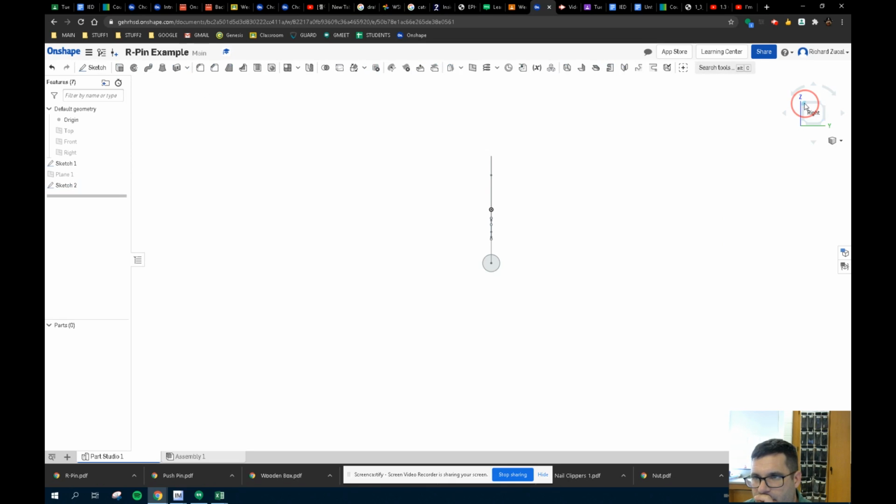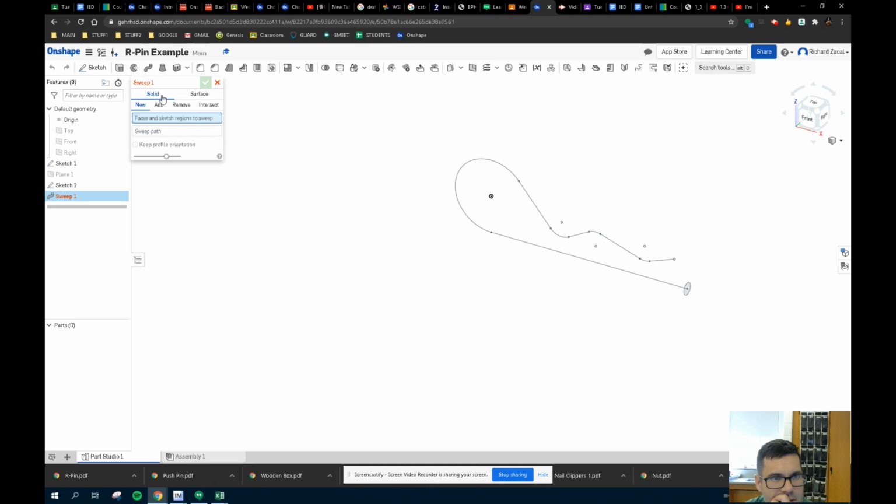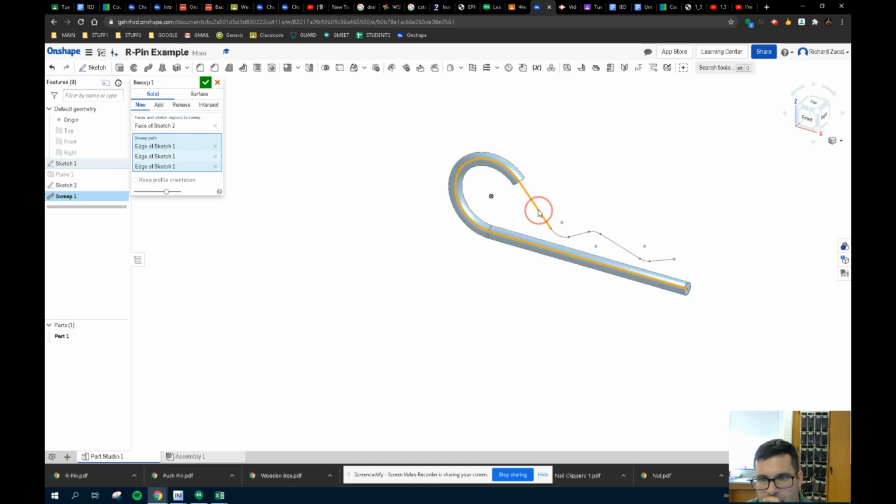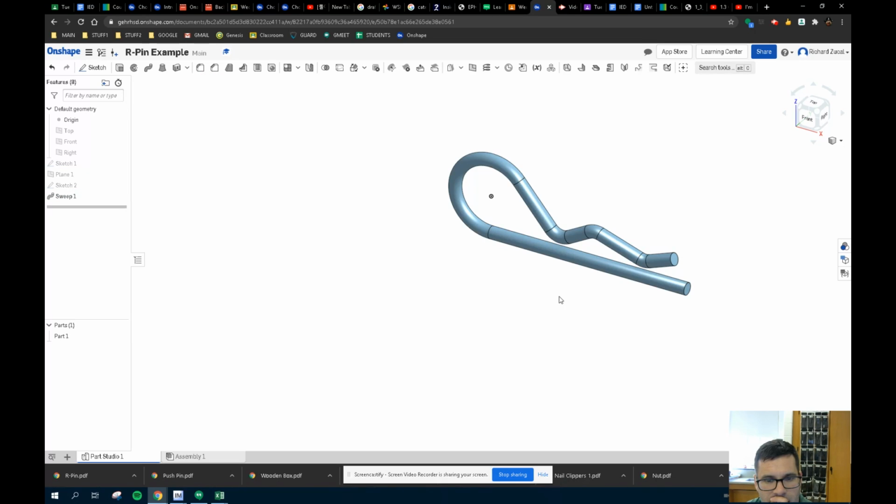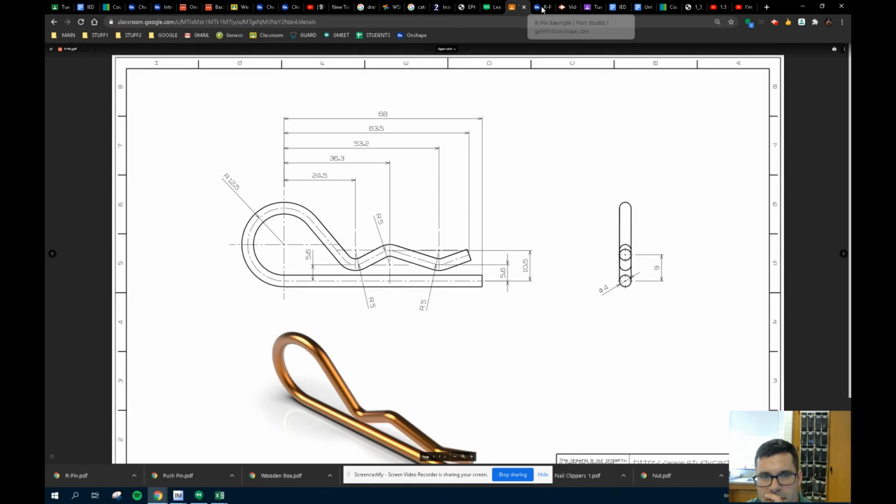And let's look at it from the corner. Good. And then we want to do a sweep. No, it's a solid. And then the path. But it does it in sections, and I don't like how it looks in sections.